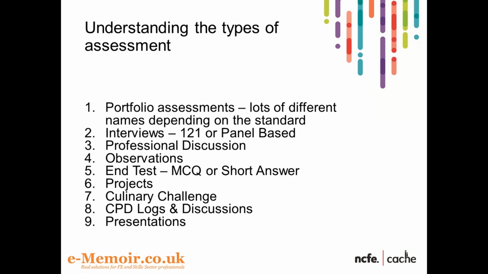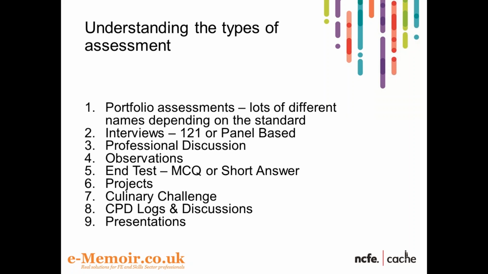Professional discussions. There's a sequential order that I've mentioned where in the assessment plan, they will say you need to do components A and B before you do component C. The final component that tends to be the most final is the professional discussion. In the majority of the standards we're doing, the 18 that we're on the register for, the professional discussion is always the final component for those particular 18.